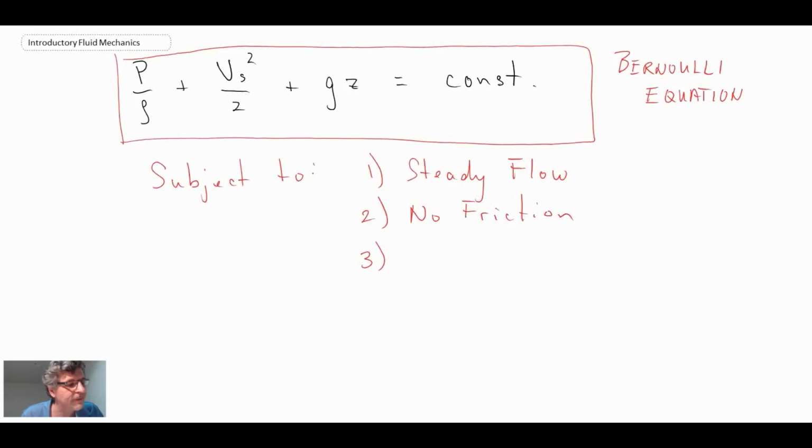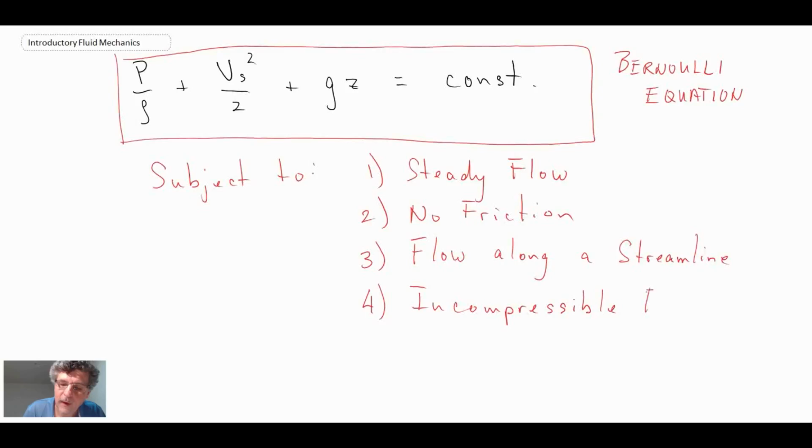Irrotational flow. It applies for flow along a streamline, and the fourth one is we're dealing with incompressible flow. So that's the Bernoulli equation. In the next couple of segments, we're going to take a look at how we can use the Bernoulli equation to solve problems in fluid mechanics.